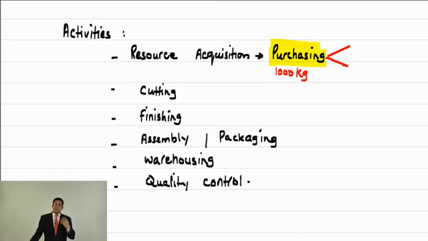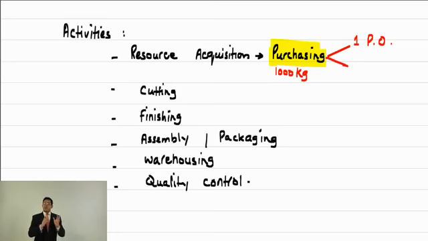One strategy is they can buy all 1000 kilos in one purchase order, one PO. They can buy all 1000 kilos in one go, meaning contact the supplier once, exchange communication once, receive the delivery or shipment once, do the inspection once, and transfer them to the warehouse once.